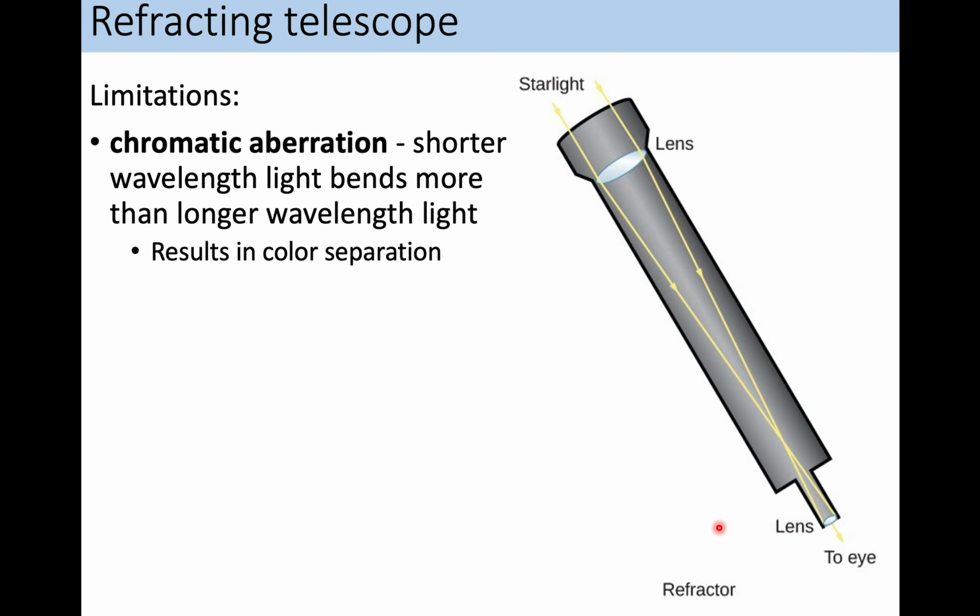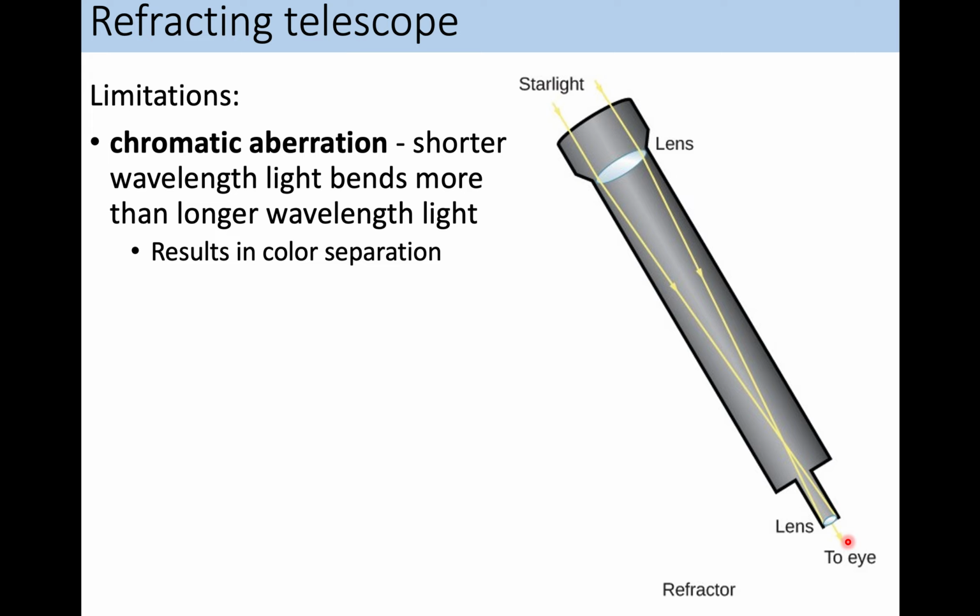So let's look at a refracting telescope in a little more detail. So this is refracting. We have the light coming in, going through the lens and bending into a smaller version through the eyepiece. The biggest problem with a refracting telescope is with that bending of wavelengths.